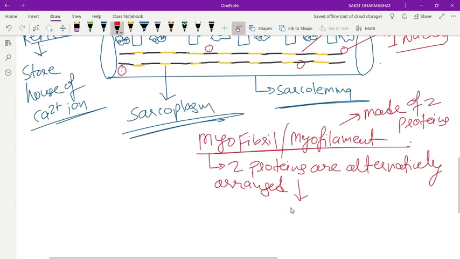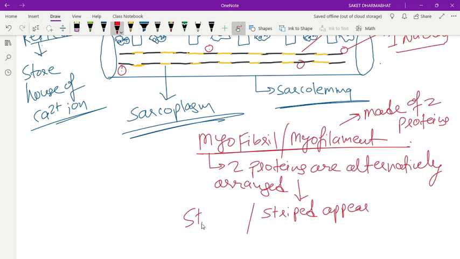That's why the striped or striated appearance is coming.